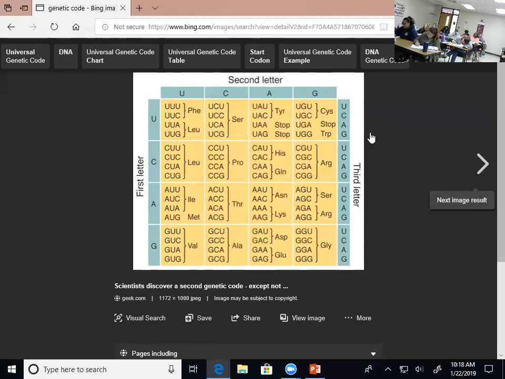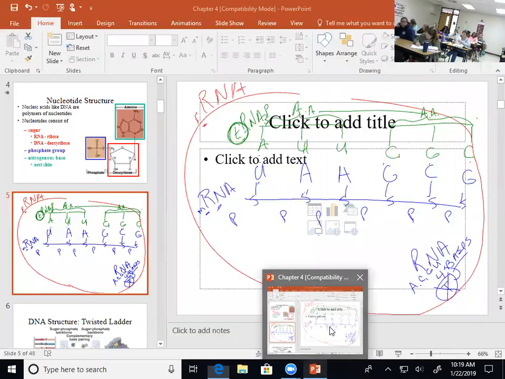But here's what I want you to look at. This sequence is the only thing that brings methionine up. And some of them, there's only 2 different sequences that would bring it up. Some of them have a couple, but some of them only have 1 or 2. Do you get that, guys?